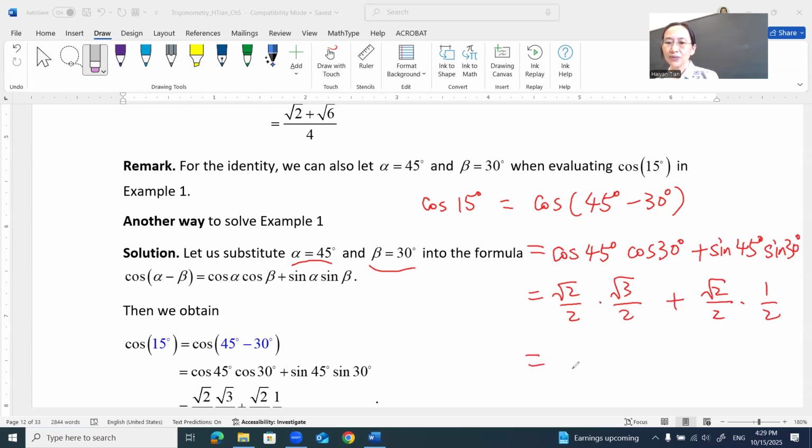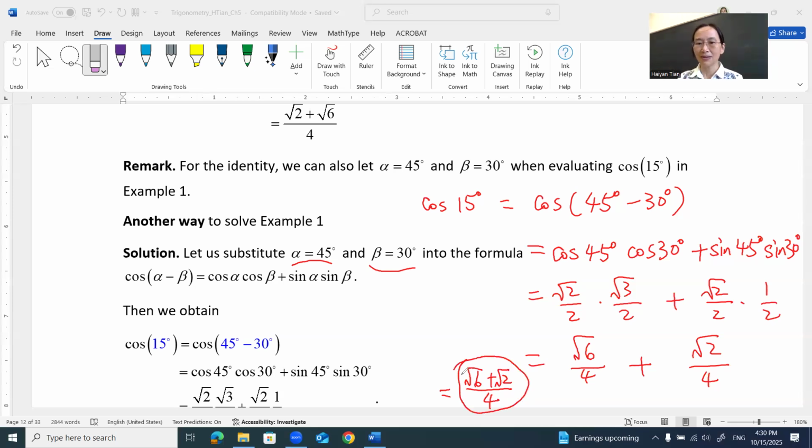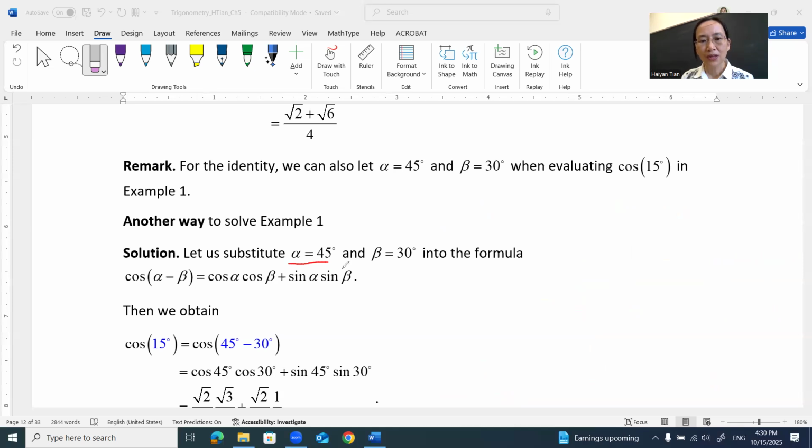And then we get square root of 6 over 4 plus square root of 2 over 4. We combine the two fractions; they have the common denominator 4. So we keep the common denominator and then have the answer. That's the same as we got before. It should be the same because we're calculating cosine of the same angle, 15 degrees, so it should not affect your final answer.